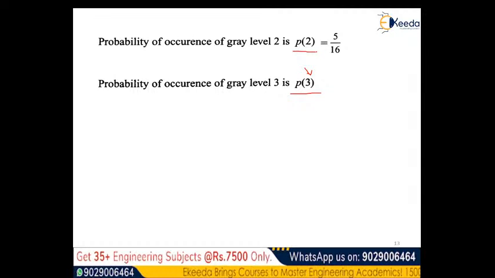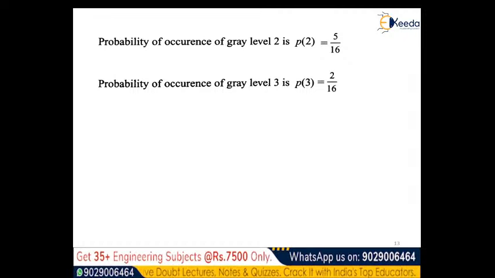The value 3 appears only 2 times, so we have 2 divided by 16. So in the first step we have computed the probabilities of occurrence of all the possible gray levels from the given image sample.